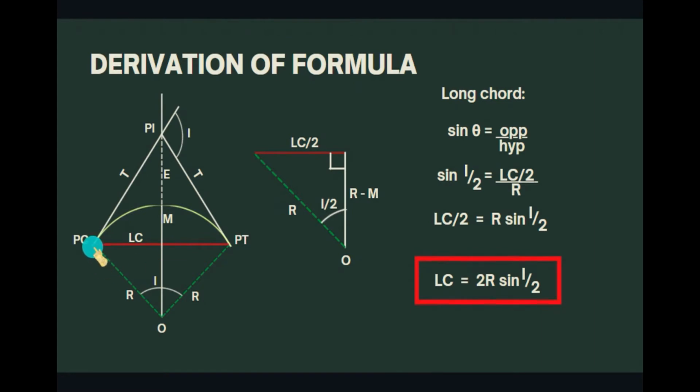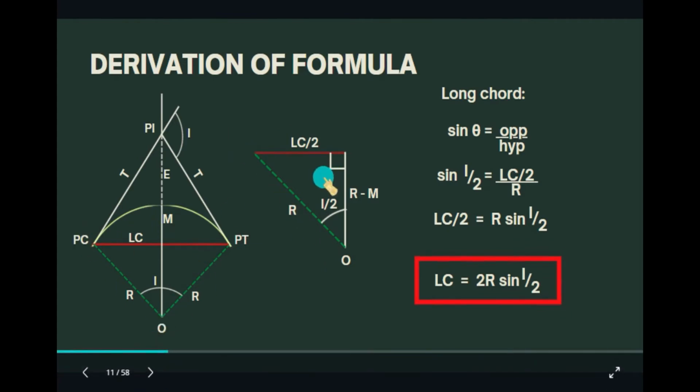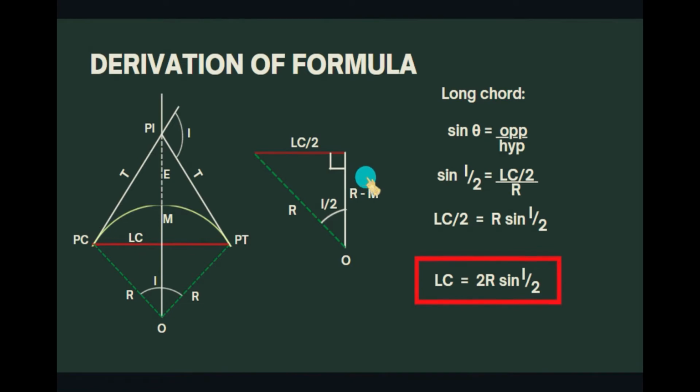So our next goal here is to compute the formula of our long chord, or LC, which is the distance from PC to PT. So we can just extract this triangle again, and the labels are still the same. So the goal is to compute for LC, and we can just use the trigonometric identity of sine theta equal to opposite over hypotenuse. So theta here is still I over 2.